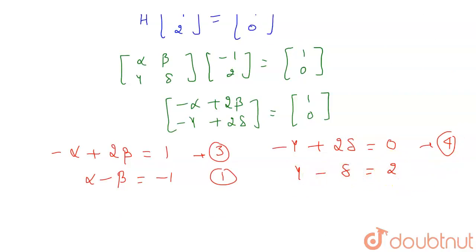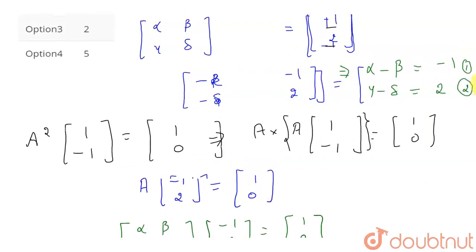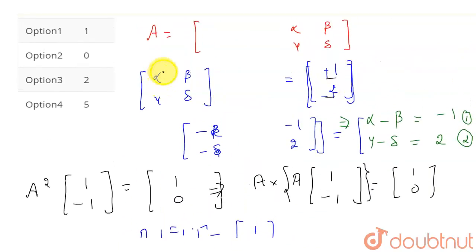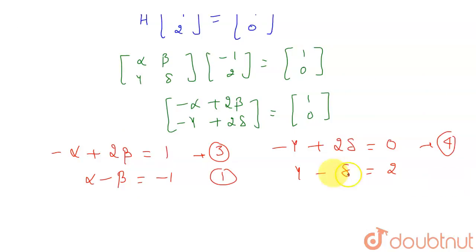Also, to find the trace, the trace is the sum alpha plus delta. So we have to find alpha and delta using these equations. Let me multiply the first equation by 2 on both sides.